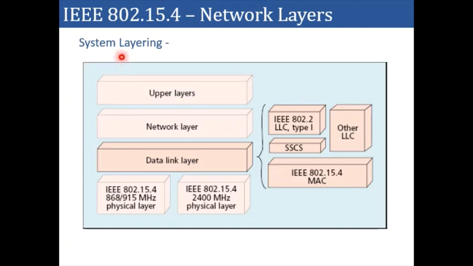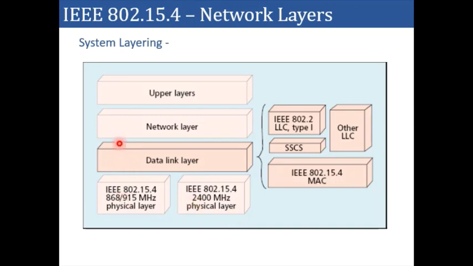Now let's see the system layering of 802.15.4. So in the base we will have the physical layer, where the channels will be based on either 868 or 915 megahertz or the 2.4 gigahertz channels for physical layer data transmission.